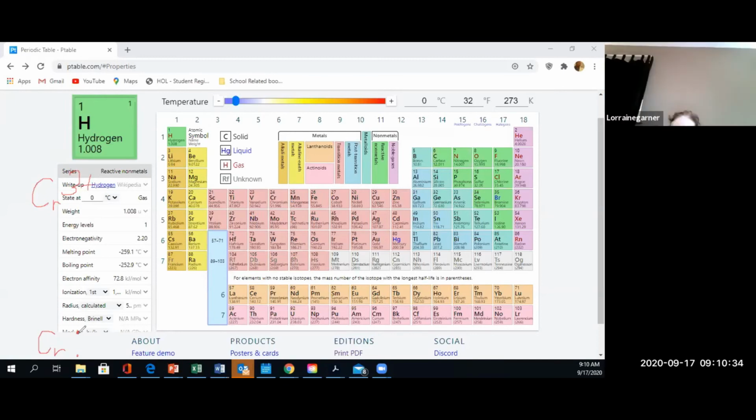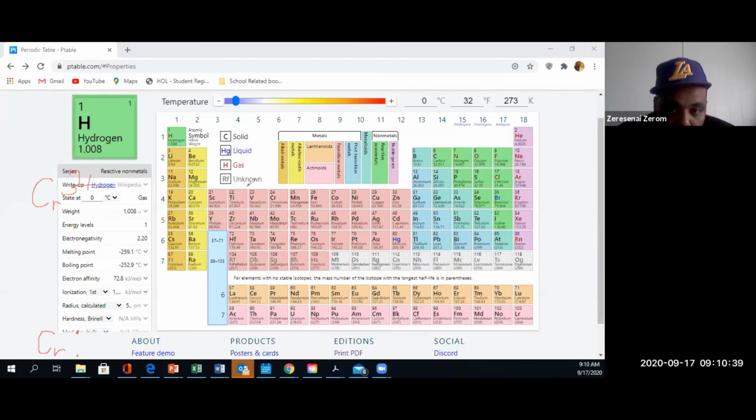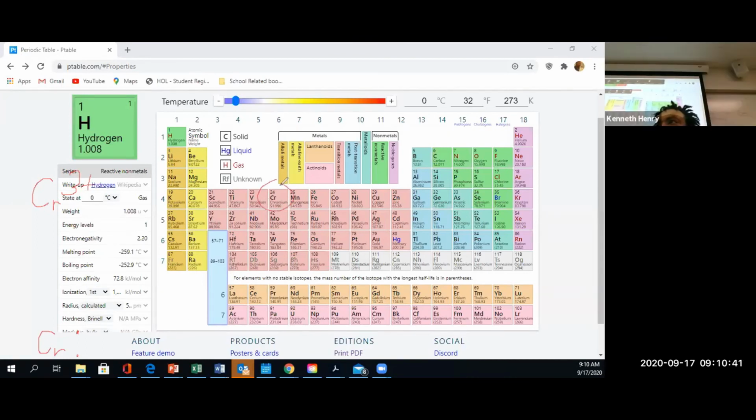Where is Cr? 24. There you go, 24. So what would be the electron configuration for Cr?